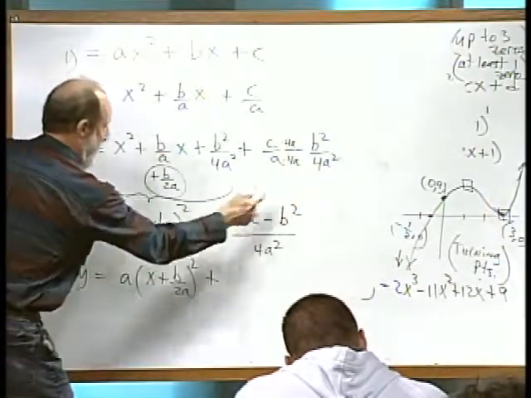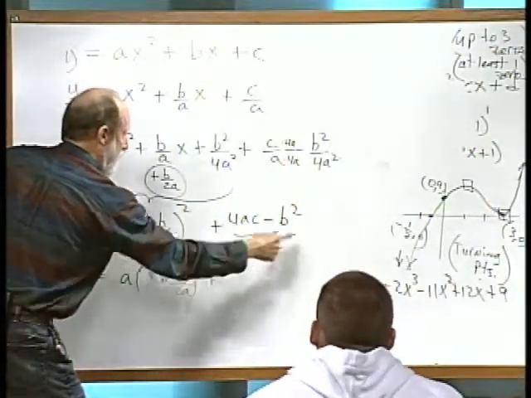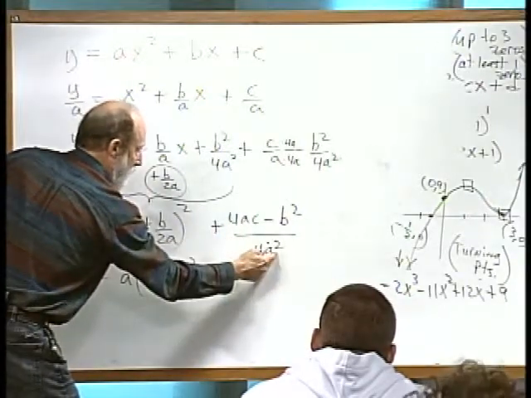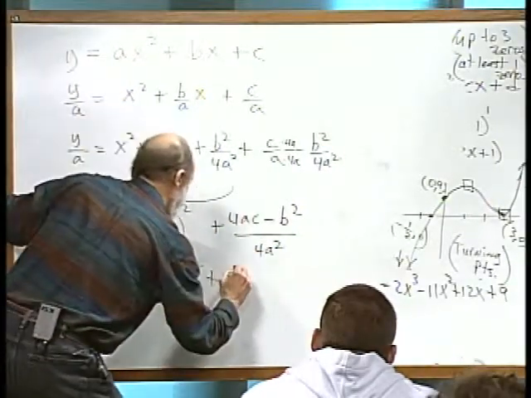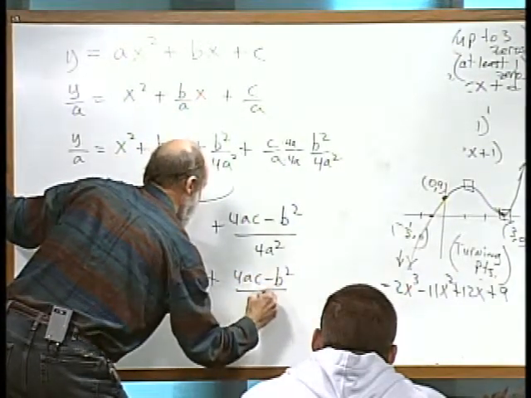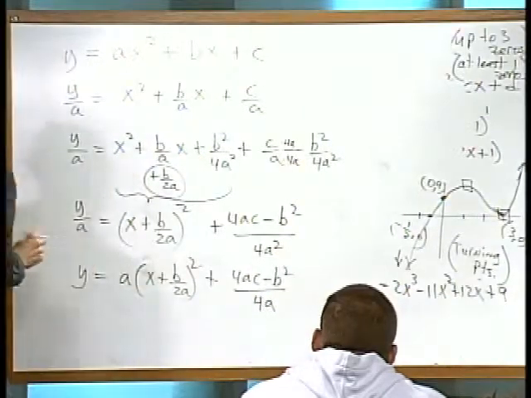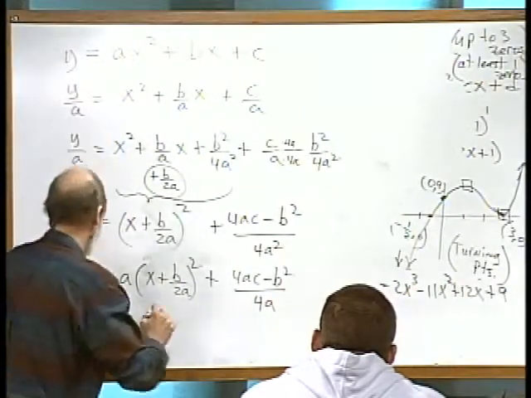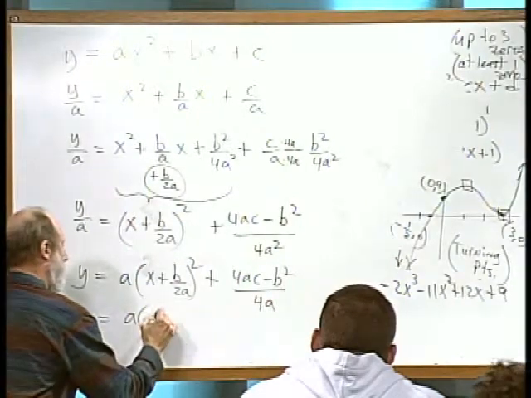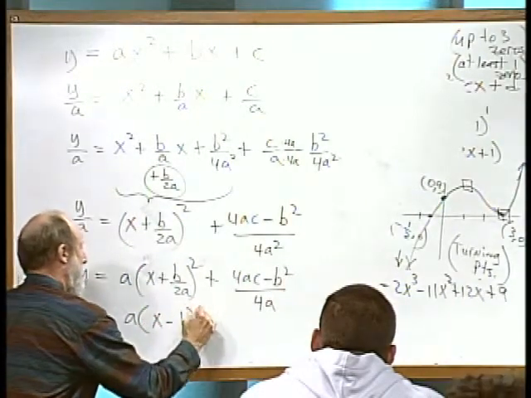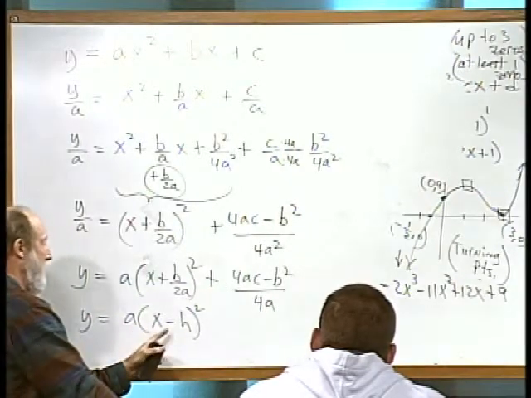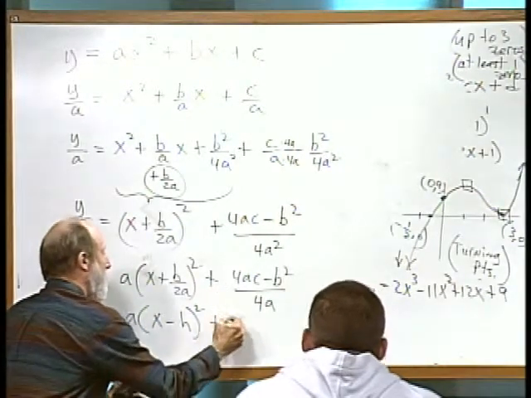If I multiply this expression over here times a, that a multiplier reduces with one of these down below, and I end up with 4ac minus b squared over just 4a. This fits the structure that I've shown you previously. This fits the algebraic structure, a times the quantity x minus h quantity squared plus k.